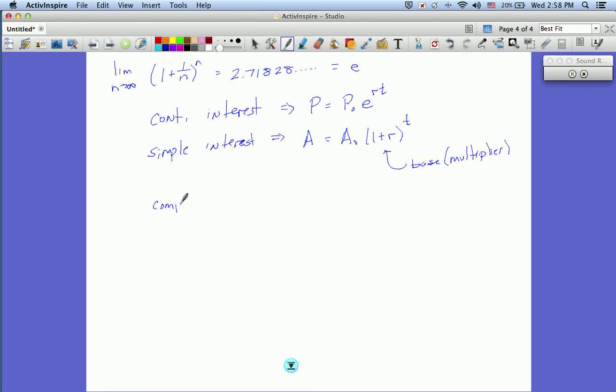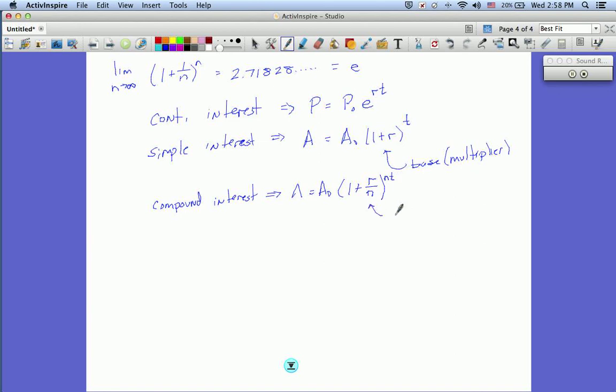And then our compound interest, the real world stuff here. Things get compounded and you find quarterly values. You have businesses all report their quarterly finances. You have monthly interest statements from your bank. Okay, and that is A equals A sub 0 times 1 plus r divided by the number of compounds, raised to the number of compounds times the number of years.